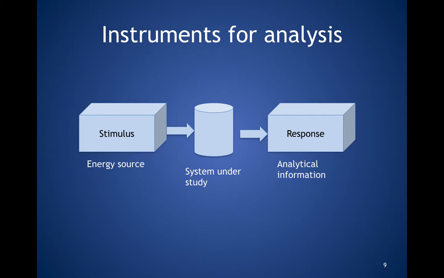Now, we need instruments because they make our life easier. It may sound complicated at first, but any kind of instrument only requires three basic components. First, we need a stimulus, in other words, an energy source, for example, radiation. Once that radiation hits the sample, which is the system under study, it gives a characteristic response or analytical information.